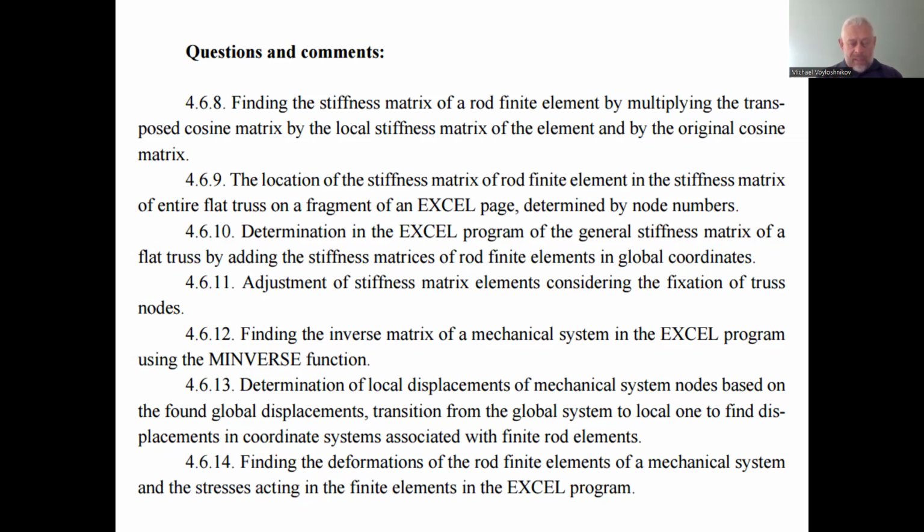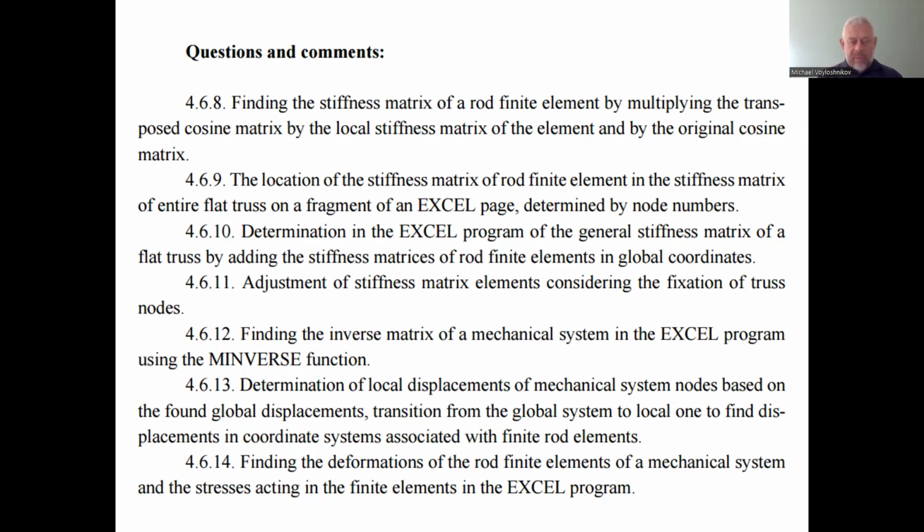When we indicate this range of cells by the mouse, we can type in the address bar of Microsoft Excel the function MINVERSE, and in the brackets we indicate, by the mouse or by typing, the matrix to invert, and it will be inverted and inserted in the previously defined range.